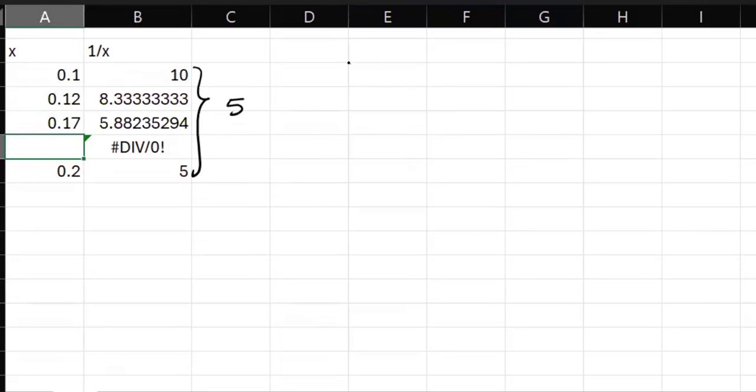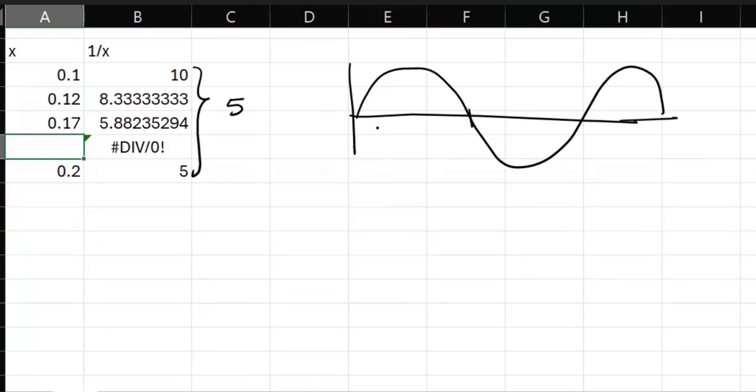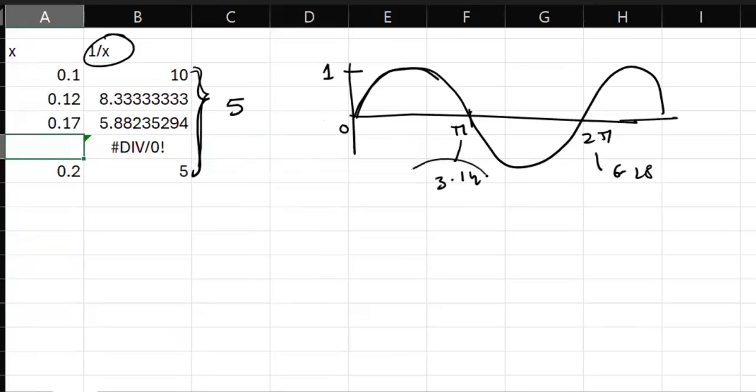Students, understand one thing. If you think about a sine wave, this is 0 degree, this is pi, this is 2 pi, and pi is 3.14 something, and this will be 6.28 something. So when the value of 1 upon x goes from 10 to 5, the value of sine goes from 0 to 1 and back to 0.